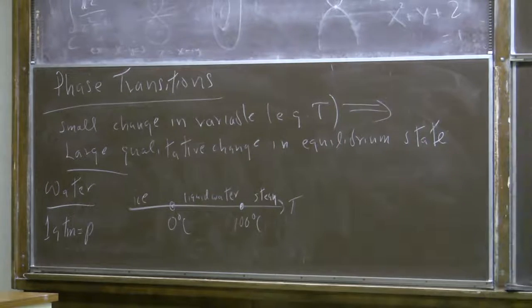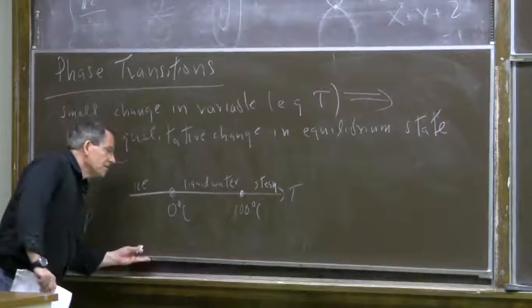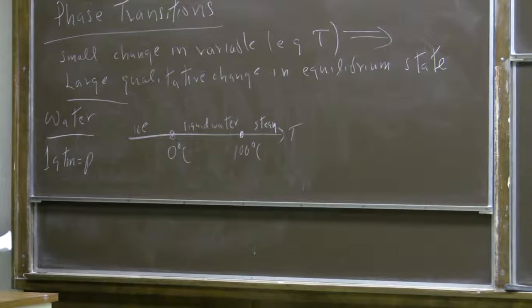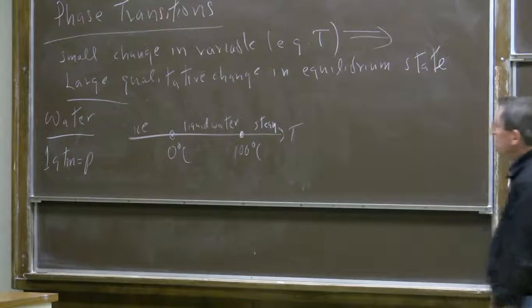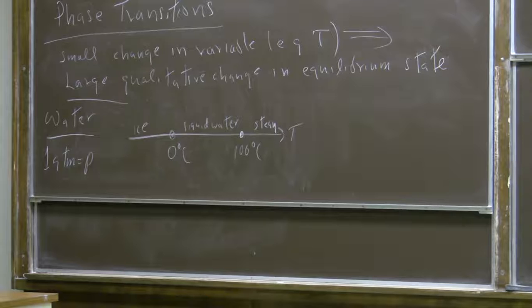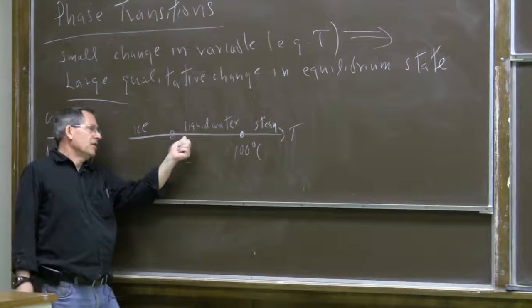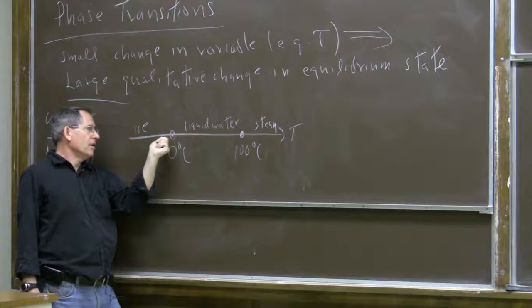So as we increase the temperature starting below 0 degrees Celsius, there will be two phase transitions at these two special values of the temperature, 0 and 100 degrees. So we can say that water has three phases, and there are special temperatures where a transition occurs where the equilibrium state is qualitatively different, just above, say, 0 degrees, and below.